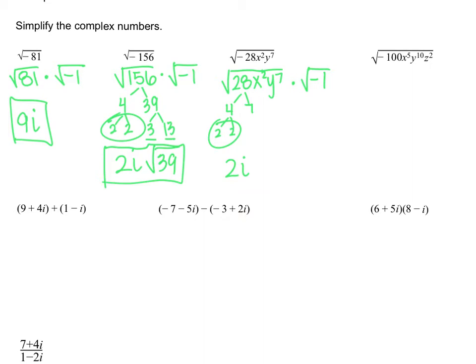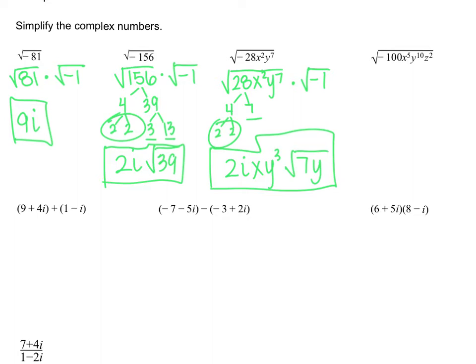In x squared, there is one group of 2, so we'll have an x, and in y to the 7th, there are 3 groups of 2, so we'll have y cubed. And underneath the radical, we have 7. We had an even group of x's, so there aren't any x's left over, but there is one y. So our final answer is 2i x y cubed radical 7y.